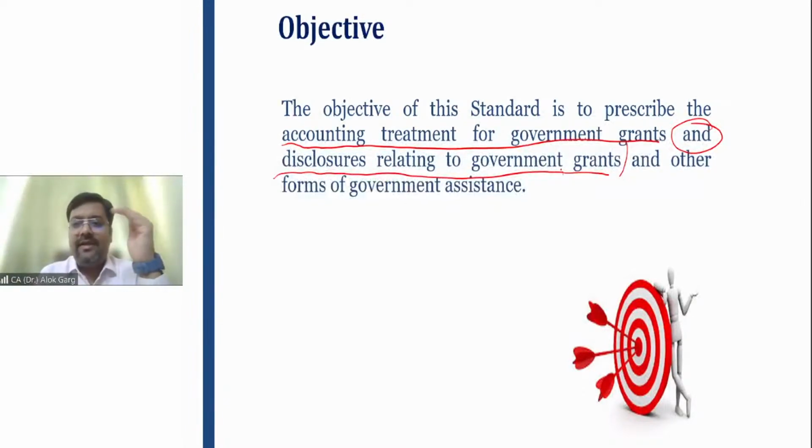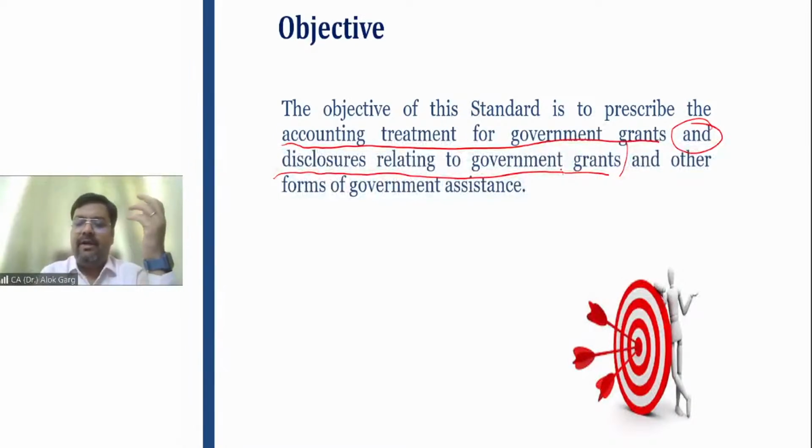So recognition is there, measurement is there, presentation is there. Then what sort of disclosures are required for PPE? For example, in the notes to accounts, you are giving a PPE schedule where gross block is there. In the gross block, opening gross block, addition, deletion, closing, then accumulated depreciation, which is opening, addition, deletion, closing, then net block is there, right?